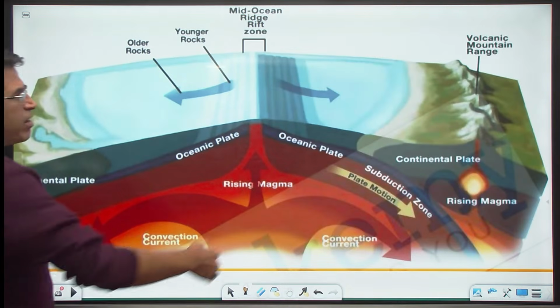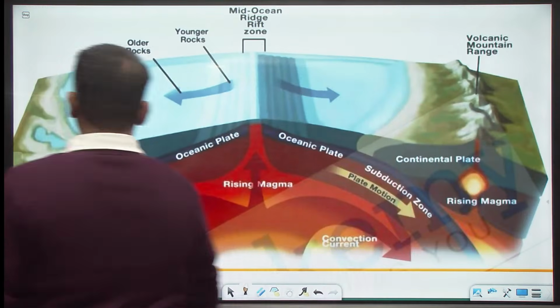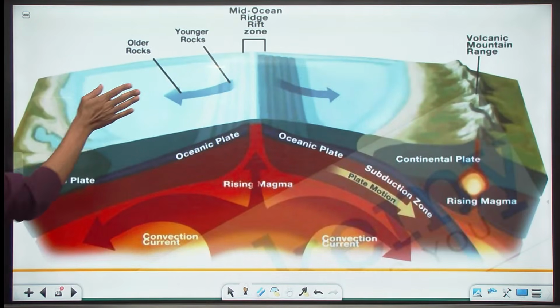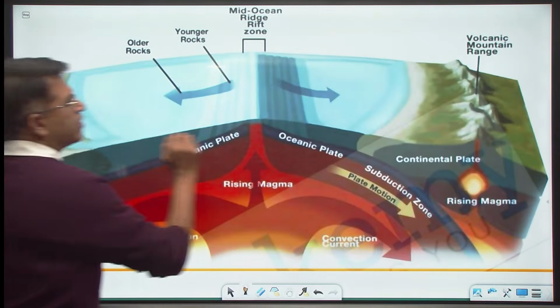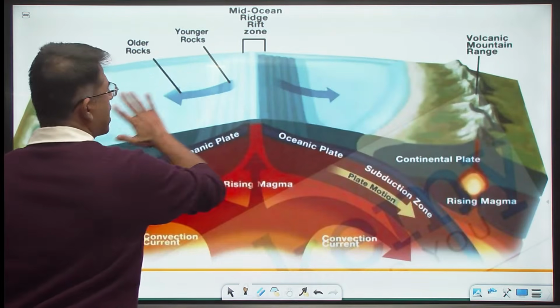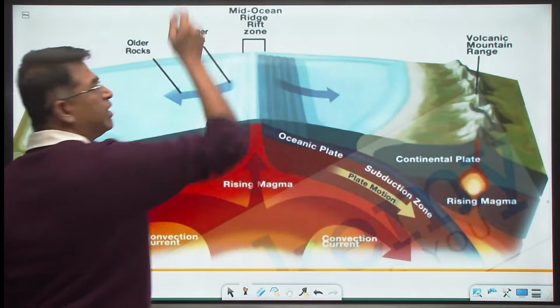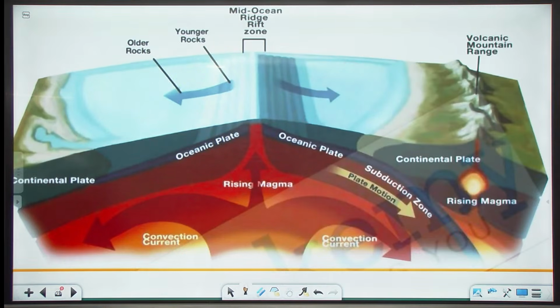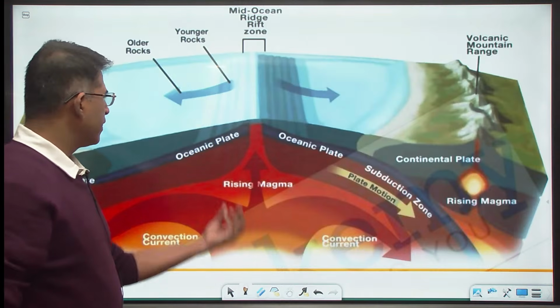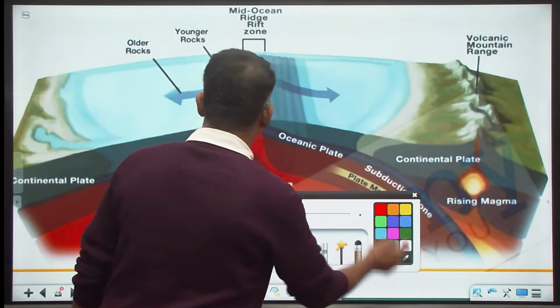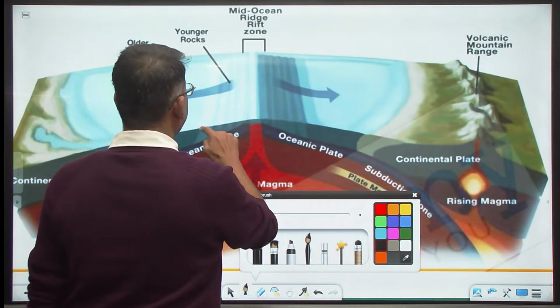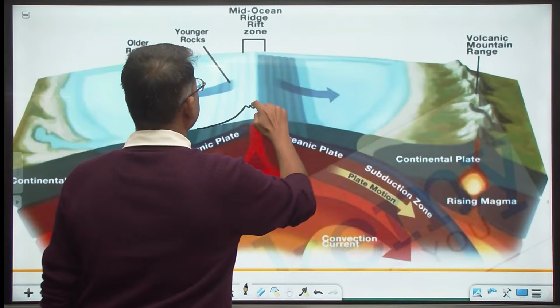Okay. So far away, this is a continent, and far away on this side is a continent. Imagine this is South America, this is Africa, and in between the Atlantic Ocean there is a rift MOR system here. The magma rises from here. Okay. The magma comes out and accumulates here. So if I were to draw the diagram of the MOR here, maybe something like this, let's draw it.